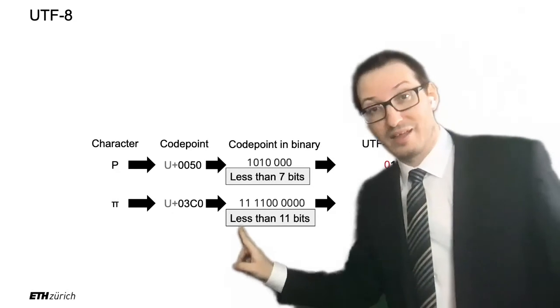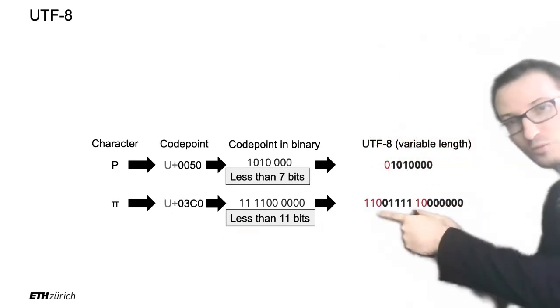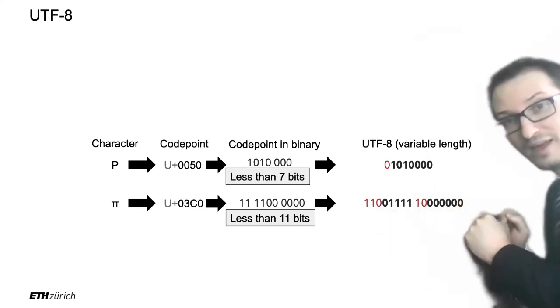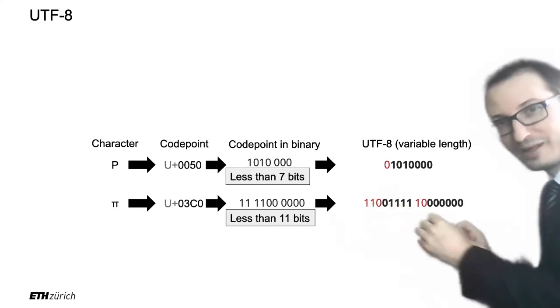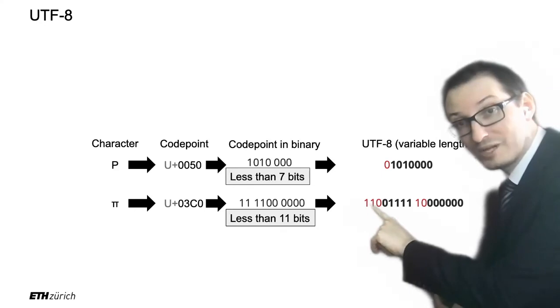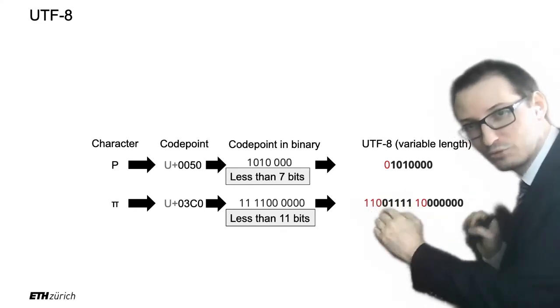Then if you have at most 11 bits, look at what happens here. We cut it into 2 parts. We put 5 of the bits in one and 6 in the other. We pad with zeros if necessary. The bits here that say 110 mean be careful, there are 2 packets.